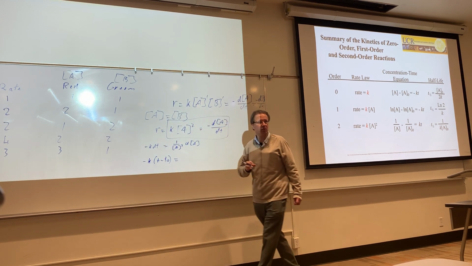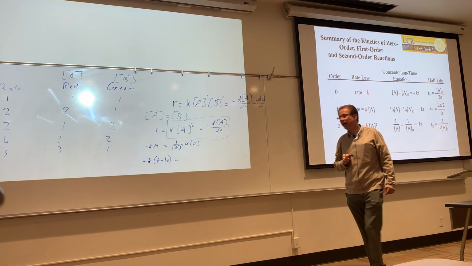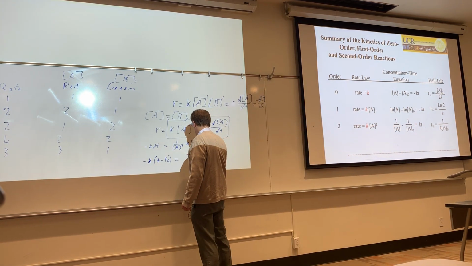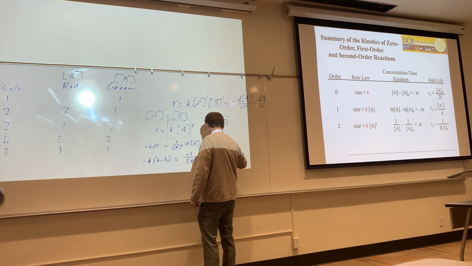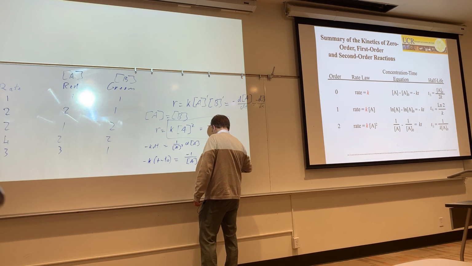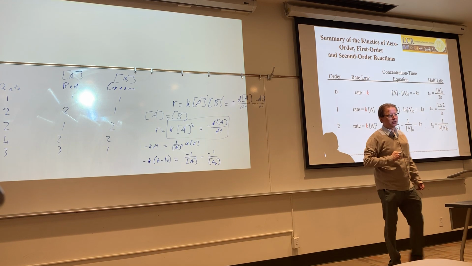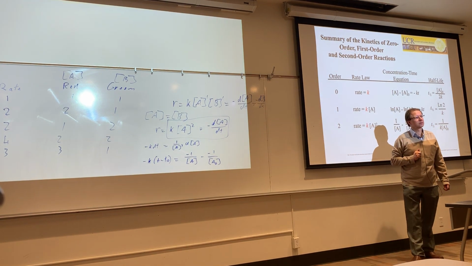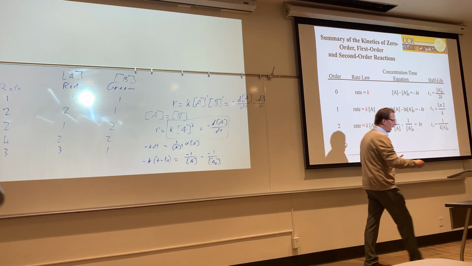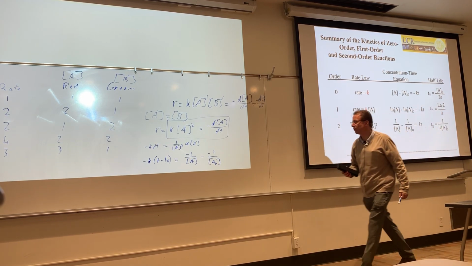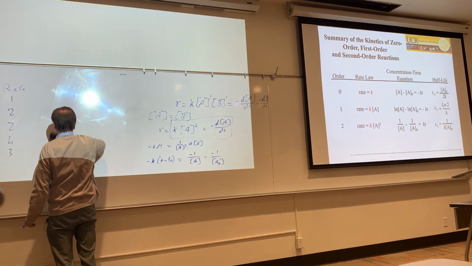And over here, integrating 1 over A squared gives me minus 1 over A. Putting in the limits gives me minus 1 over A minus 1 over A0. Okay, so if I have that, then I have essentially the formula for the concentration of A. I just need to rearrange the numbers a little bit.